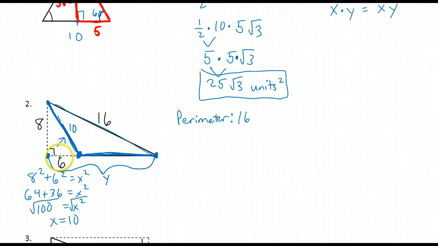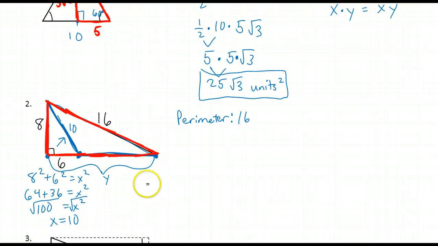So to figure out this entire length, I'm going to look at this big right triangle. And then this big right triangle, my hypotenuse is 16, my one leg is 8, and my other leg is y. So if I look at this, I have 8, y, and 16.